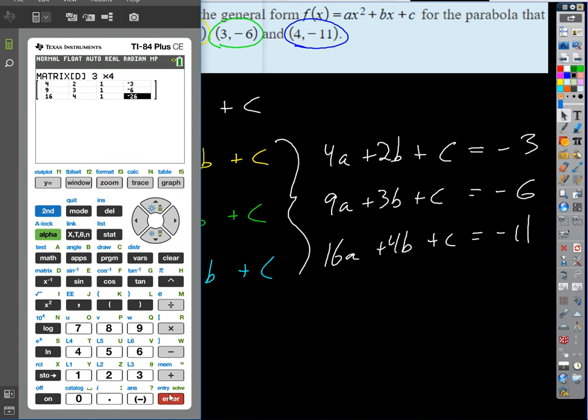There they are. Okay, so now what? Quit. Matrix. Math. Move up to RREF. Matrix D, so 4. So what are my solutions?